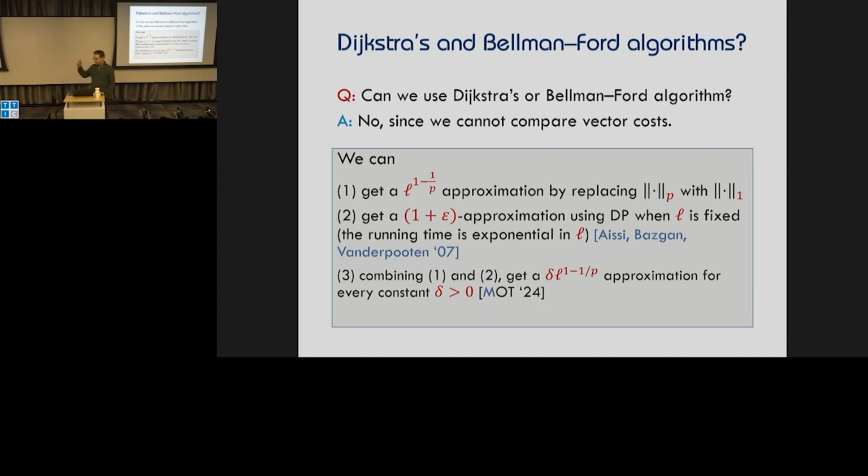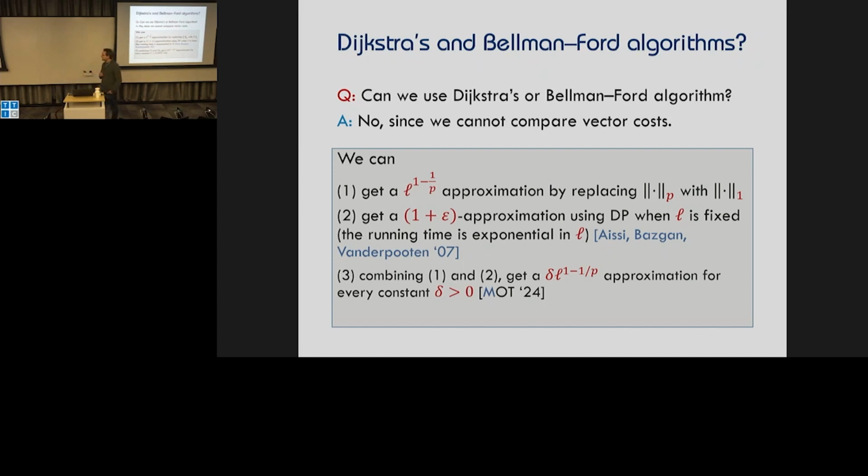And then we just run the standard algorithm for the shortest path. If we do that, we get an L to the power of 1 minus 1 over P approximation simply because the LP norm and the L1 norm are within this factor of each other.